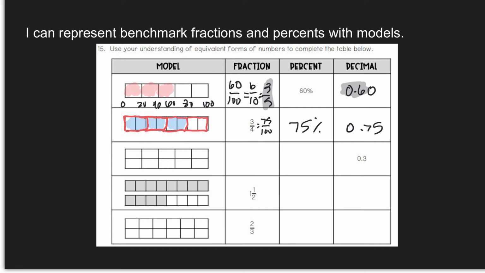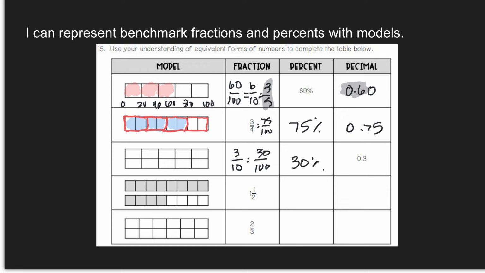All right, for the next one, we have a decimal of 0.3. So 0.3 would be the same as the fraction 3/10. I can't simplify that. And then for a percent, we would make that out of 100. So I would have 30%.